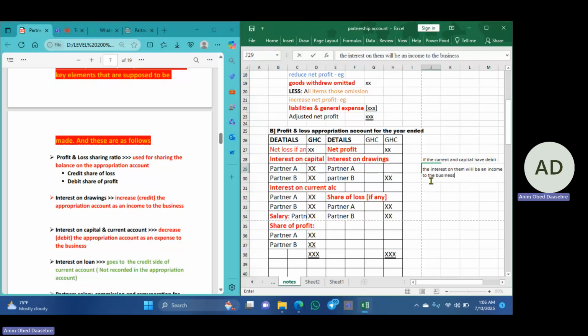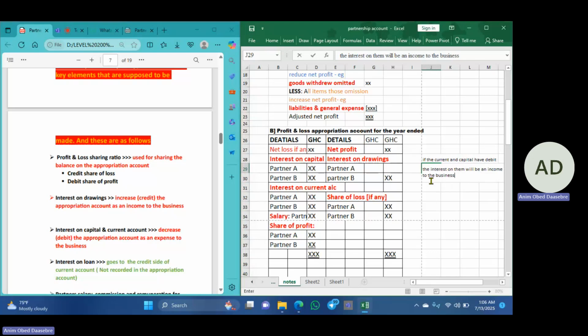Do you get this? So if the current account and the capital account both have debit balance, that means the partners have overdrawn the account. So they are owing the business. And since they are owing the business, the interest that they are going to pay on it will be seen as a loss to the partners. So it will serve as an income toward the business.